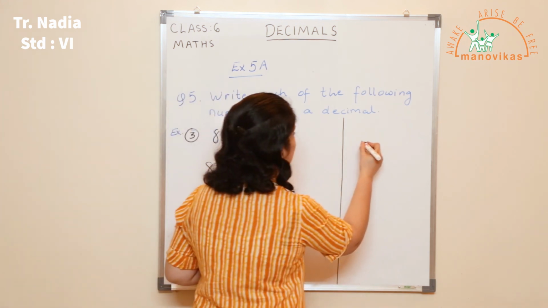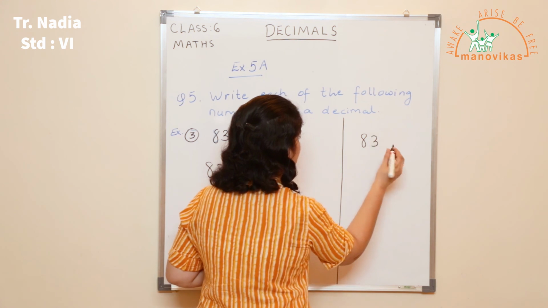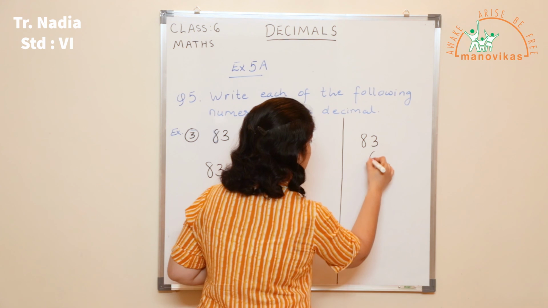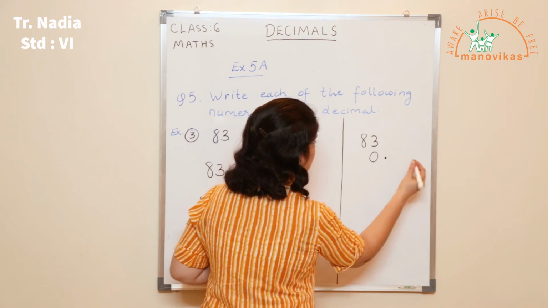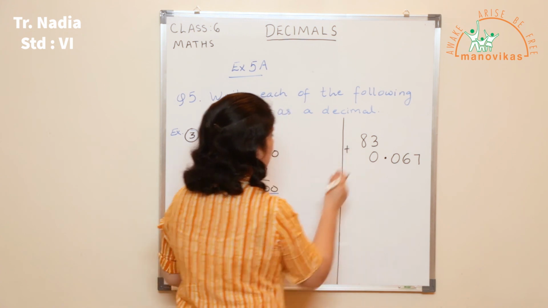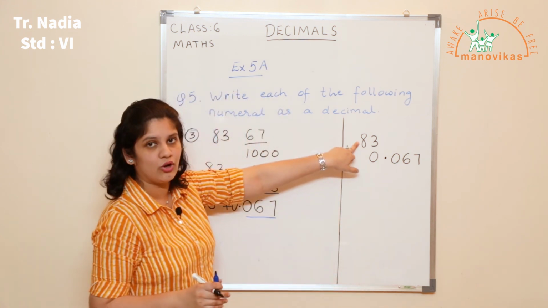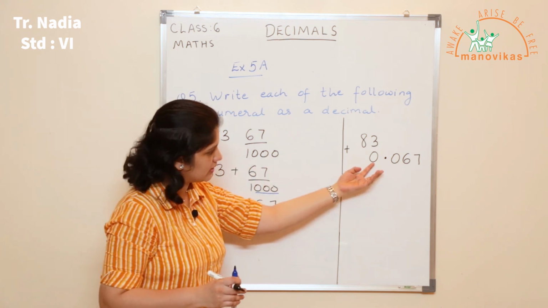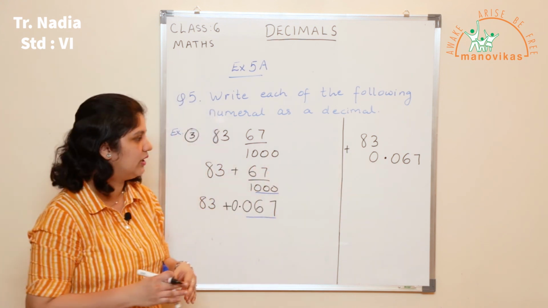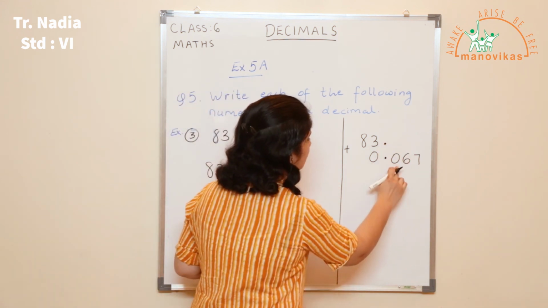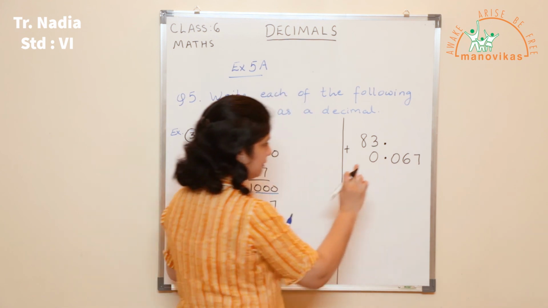Now let's add. The whole number is 83 and here the whole number is 0. The decimal part is 067. Now please remember children, the 83 is a whole number. It has to be in the whole number part. And here 0 is your whole number, so 0 has to be in the whole number part. Now the number 83 does not have decimal places, whereas here it is having 3 decimal places.